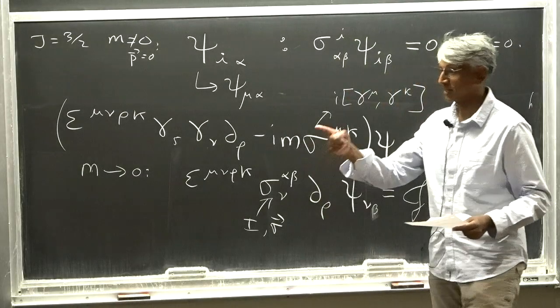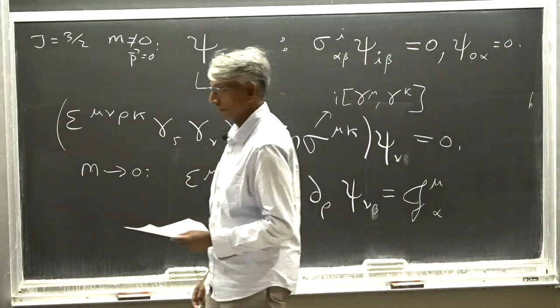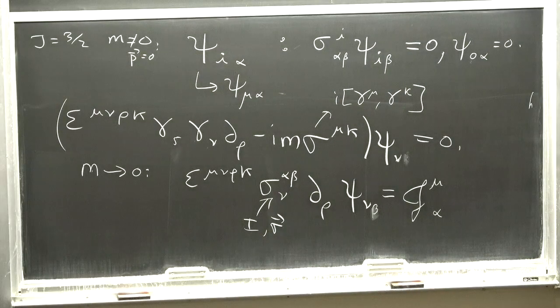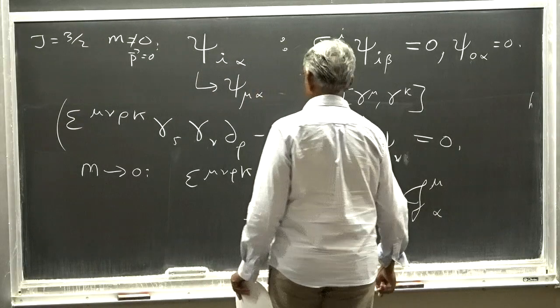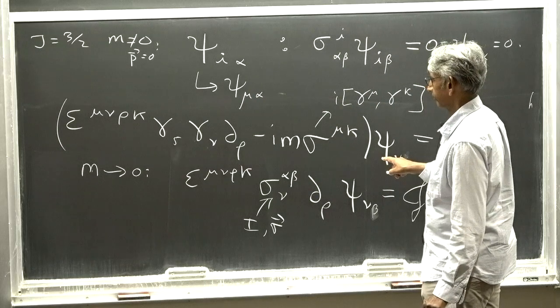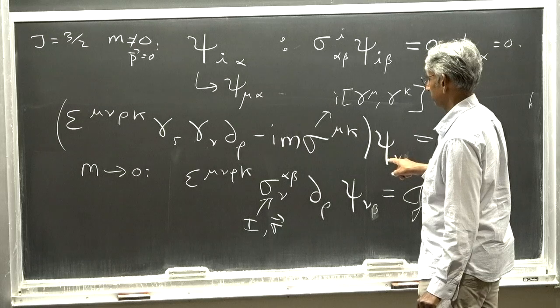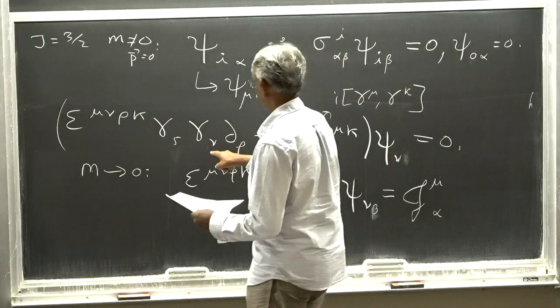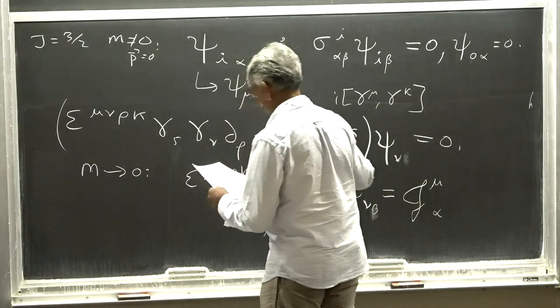And again, you can see two things that follow. Was there a question? Maybe I'm missing something, but there seems to be a triple contraction of the mu's above. Yes, this is not right.